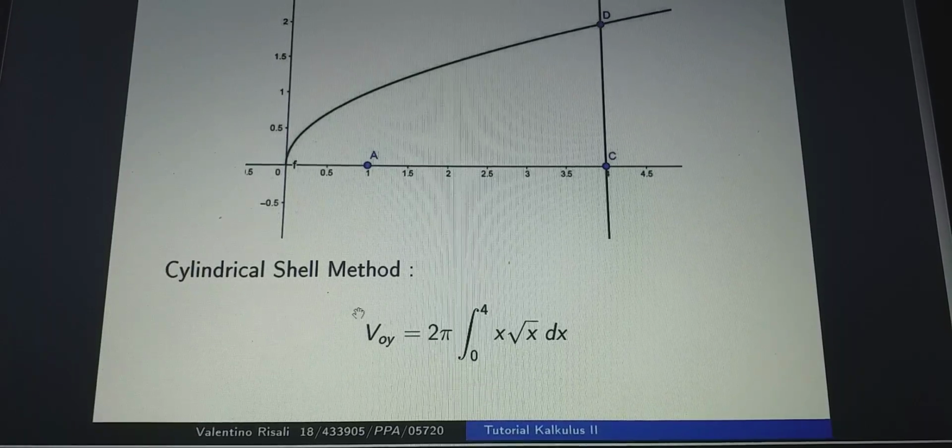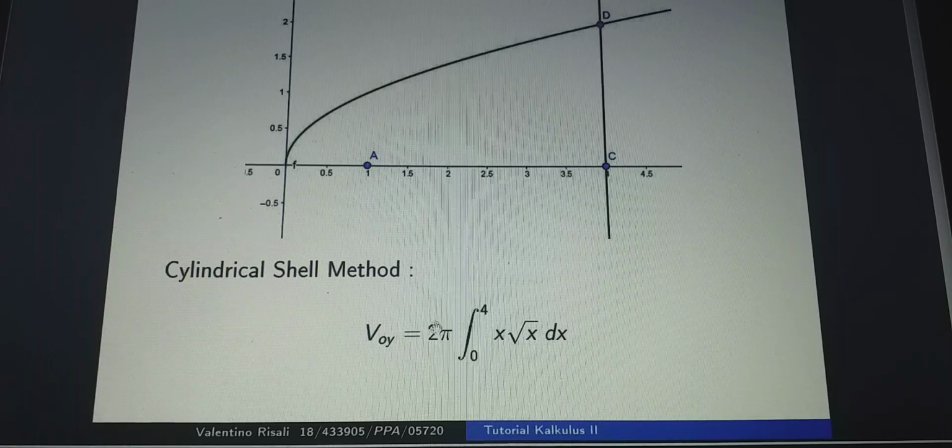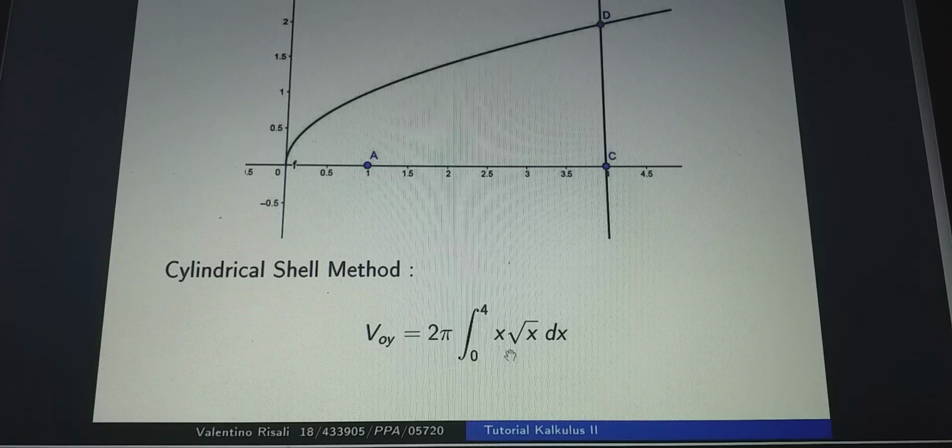By the cylindrical method we can directly use the formula, so we get V about y equals 2 pi times the integral from 0 to 4 of x times f(x), where f(x) is square root of x, dx. And you can continue it.